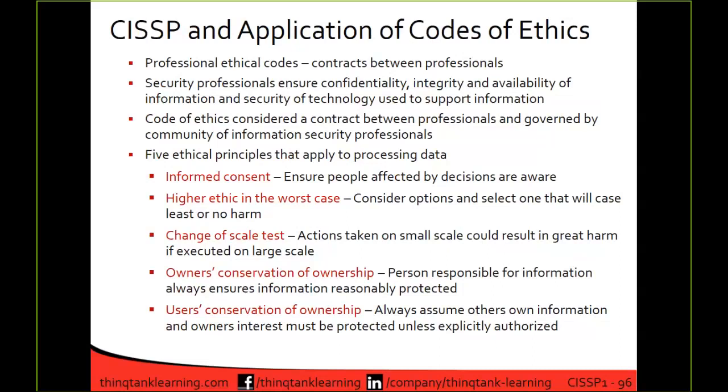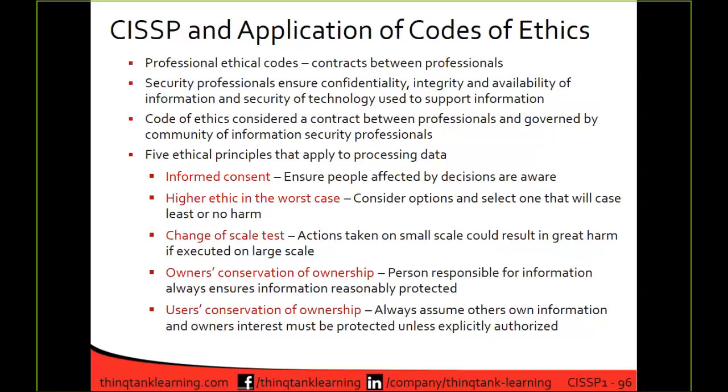The Code of Ethics is really considered as a contract, and it's not a contract that you necessarily assign, although you will check a box at one point or another on your path to getting your CISSP that says that you have to follow this particular guideline. Okay, but that is a contract between you and the governing bodies or the entities that are responsible for maintaining your standards, right?